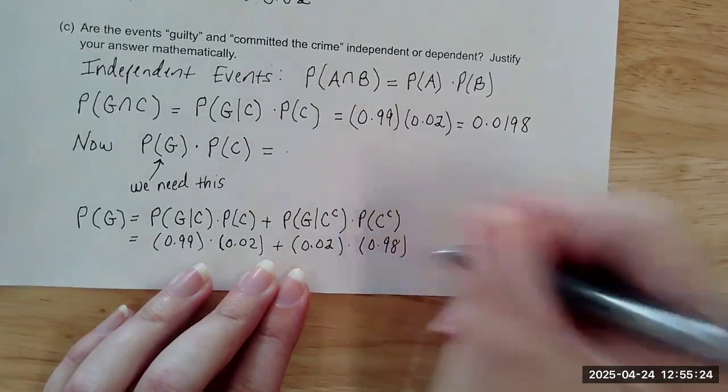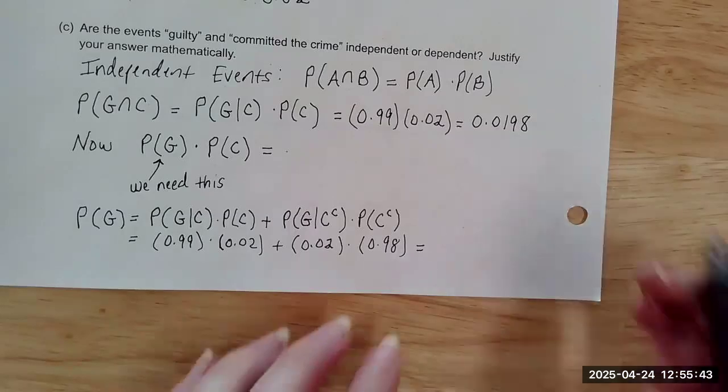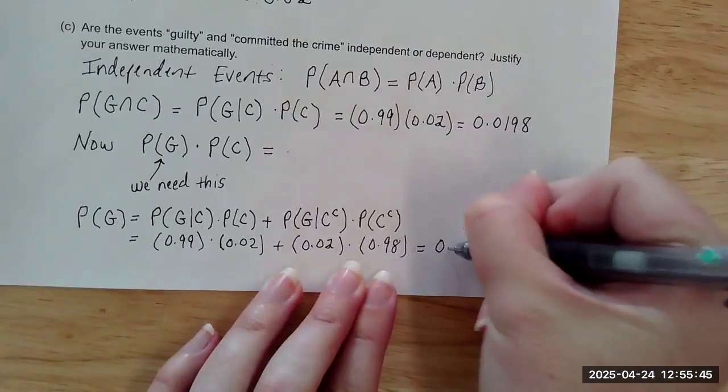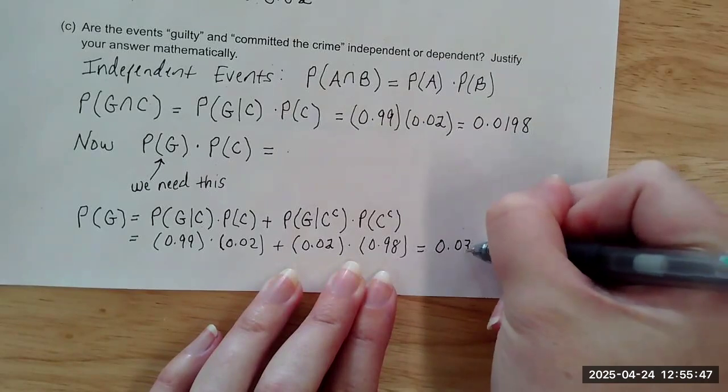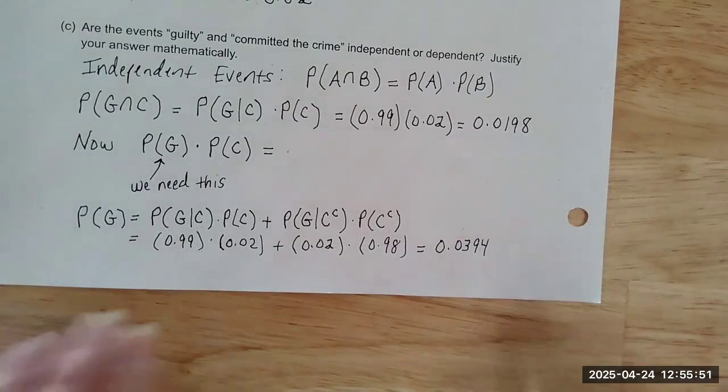So we have all of those. So that's going to let us find the probability of G. Right, and that came out to be 0.0394.